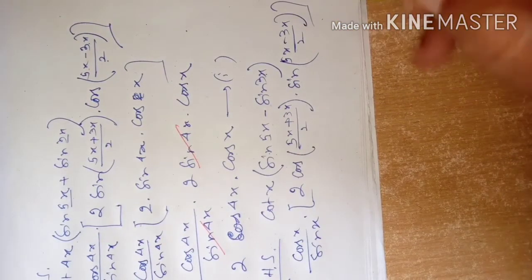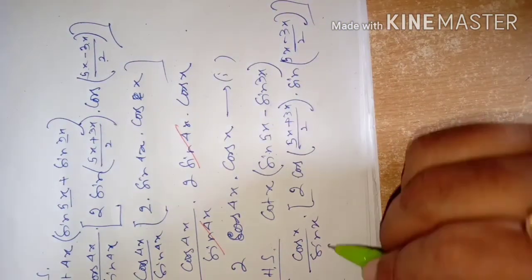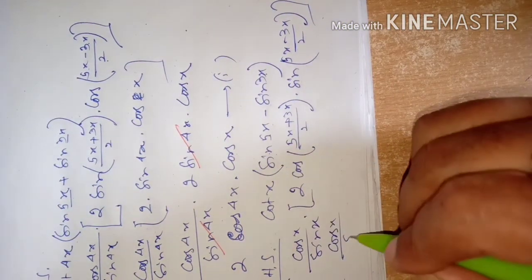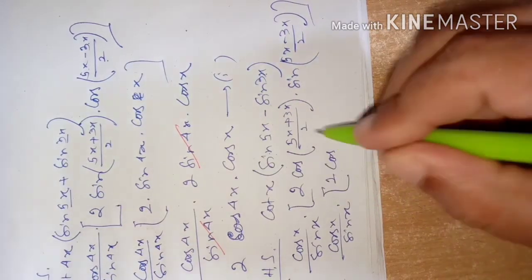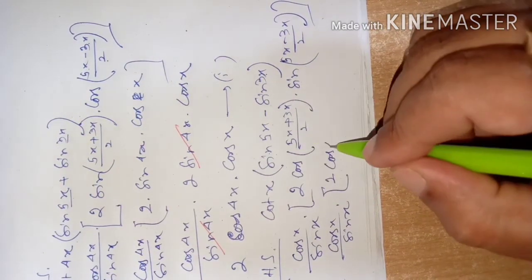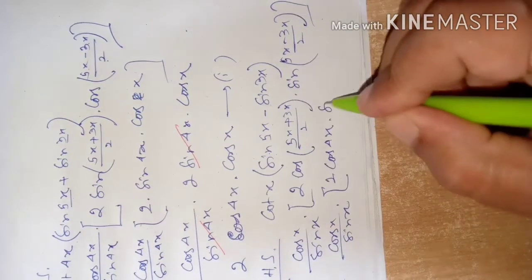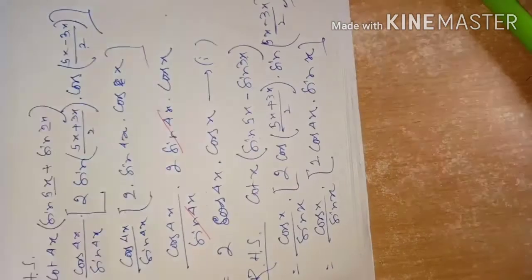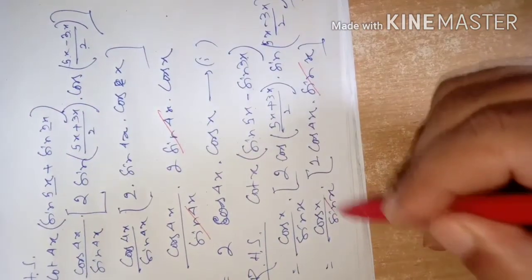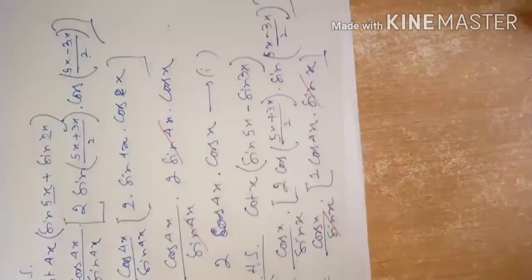Okay dear students, then it will be cos x by sin x into twice cos, this is 8x by 2 is 4x, into sine 2x by 2 is x. So then cos 4x, this sin x and this sin x will get cancelled. Then what is the outcome here?